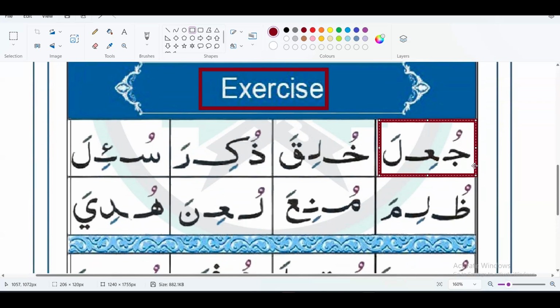This is the first one, Jim with Dhamma. Ju. Fi la.